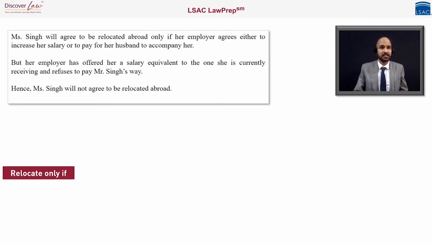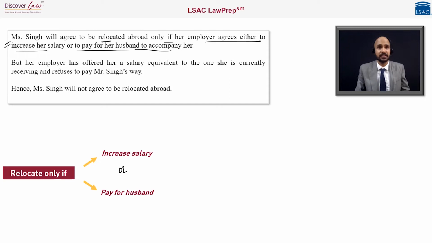You can see here that it says that Miss Singh will relocate abroad only if her employer either agrees to increase her salary or to pay for her husband to accompany her, which means that she will relocate if either her employer increases her salary or if it is paid for her husband to accompany her.